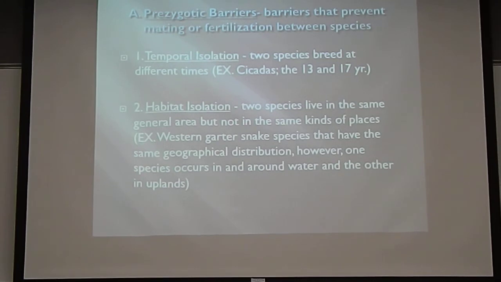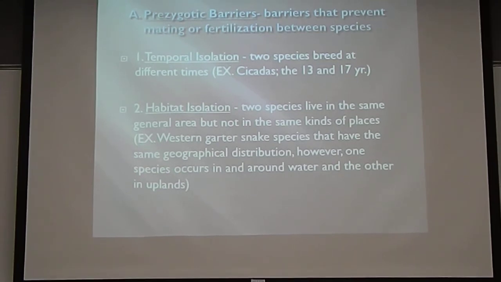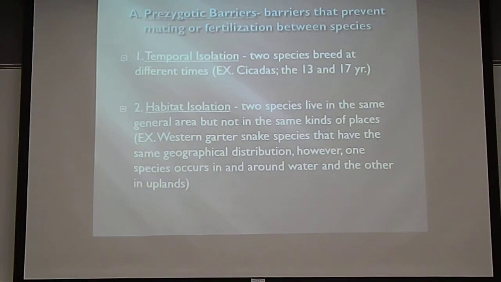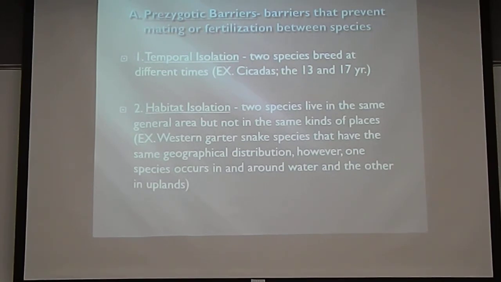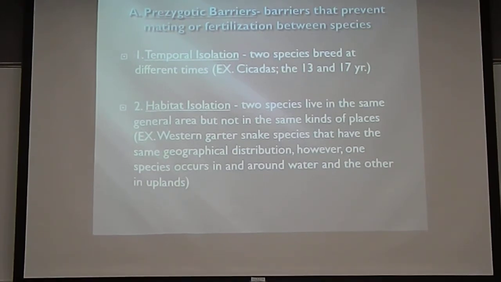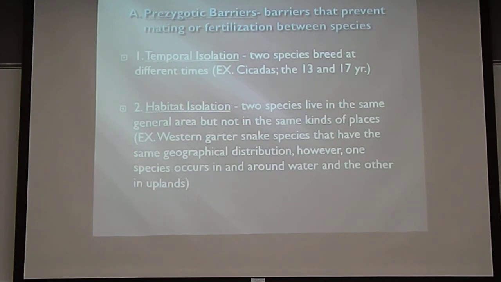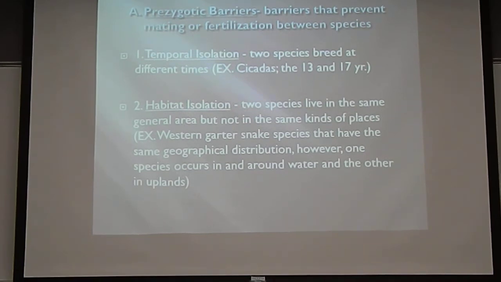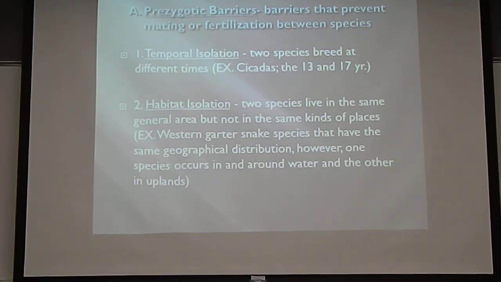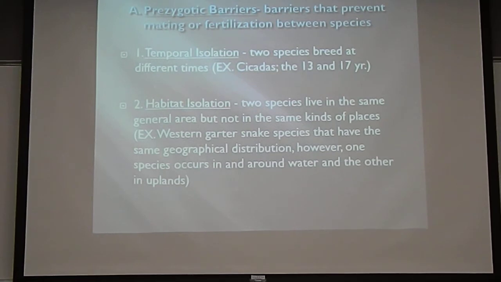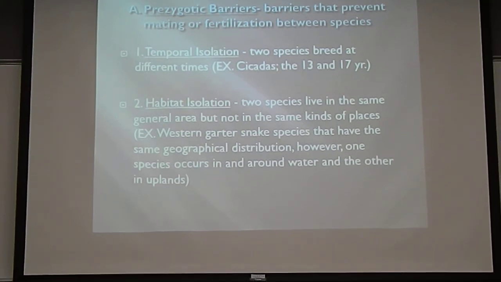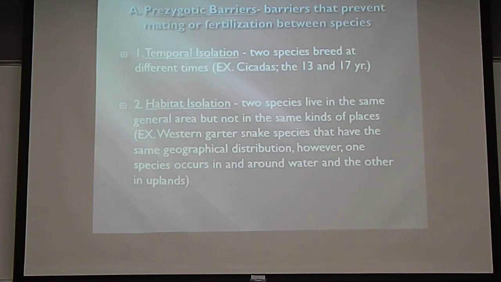First is temporal isolation. This is where two species breed at different times. Cicadas, those things that go bzz, bzz, bzz during the summer. There are some that are found every year, but there are some called periodic cicadas that live in the ground and only come out to mate every 13 years, or in another species only every 17 years.